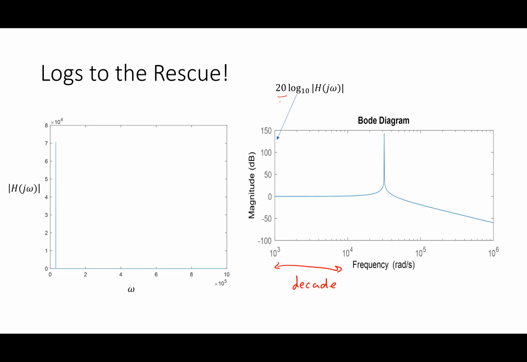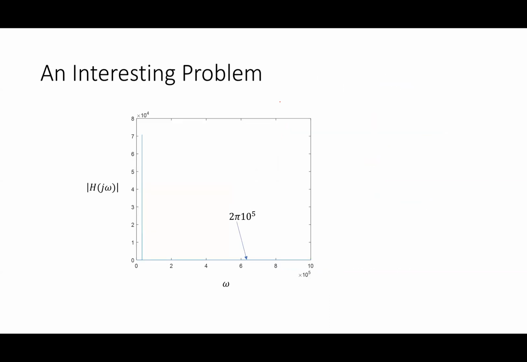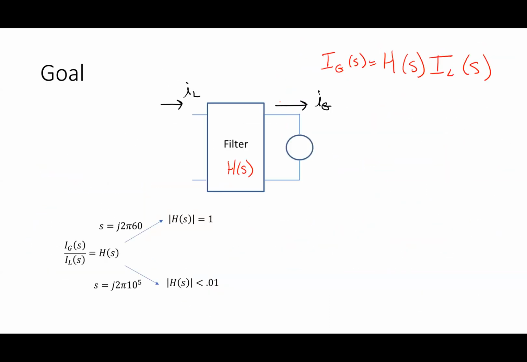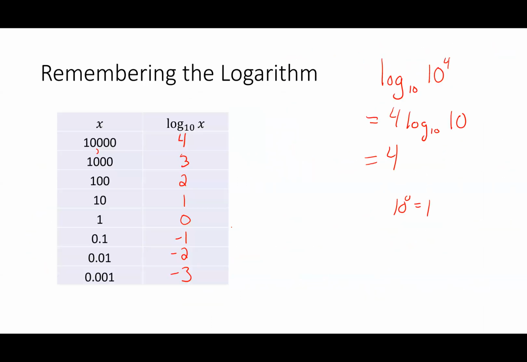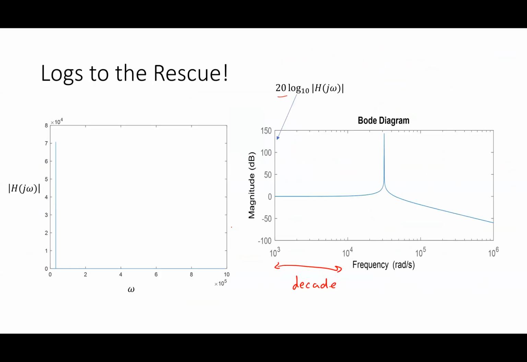Now, what was I trying to do? Well, I was trying to say that I wanted the magnitude at 2 pi times 10 to the fifth to be less than 0.01, and I wanted the magnitude at 2 pi times 60 to be equal to 1. So where is that on this graph?